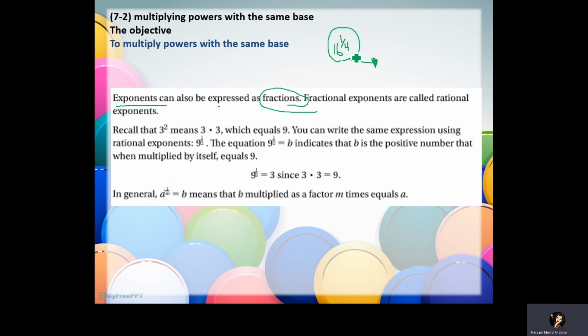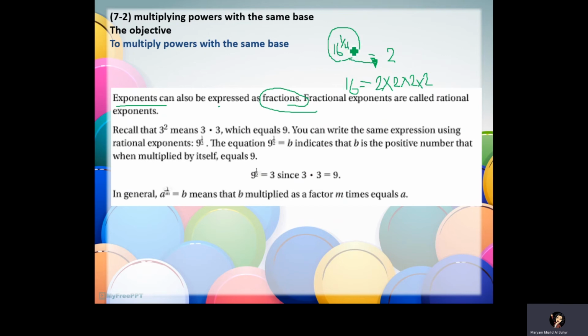If you think about this, that will be 2, because 2 times 2 times 2 times 2 equals 16.